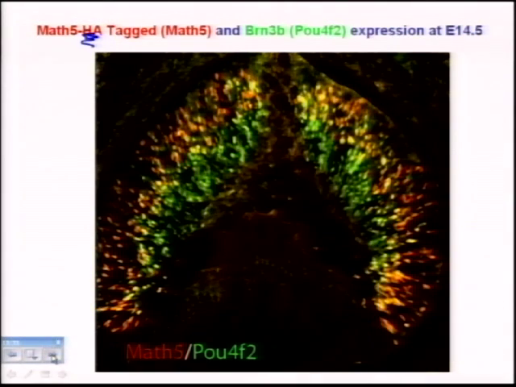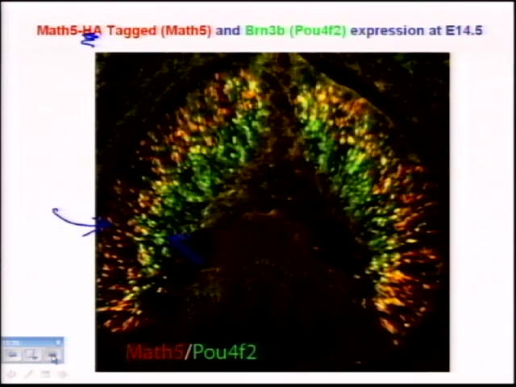What we're looking at here is MAF5 turning on in the progenitor cell layer, the neuroblast layer, and you see nice red cells expressing MAF5. Then in the ganglion cell layer, the differentiating layer, you see brain3B PAL4F2 being expressed. So there's a nice relationship between those two genes.